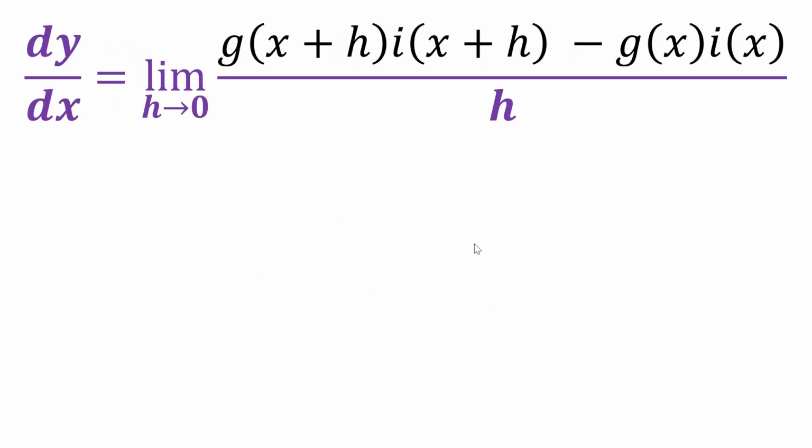Good. After doing the substitution, this is where we are. I need to simplify this fraction, especially the numerator side. The easiest way to do it is to do some factorization. But how it stands now, it will be difficult to do such factorization.